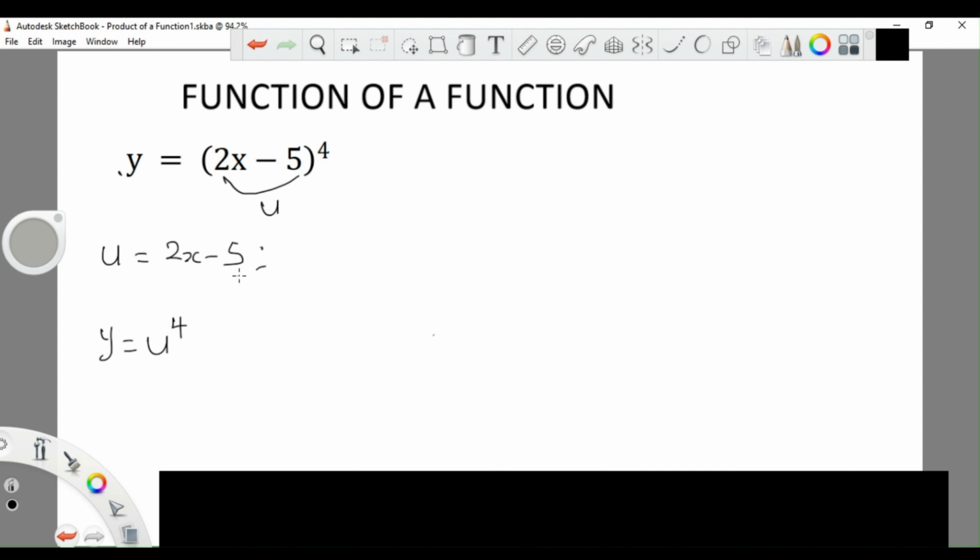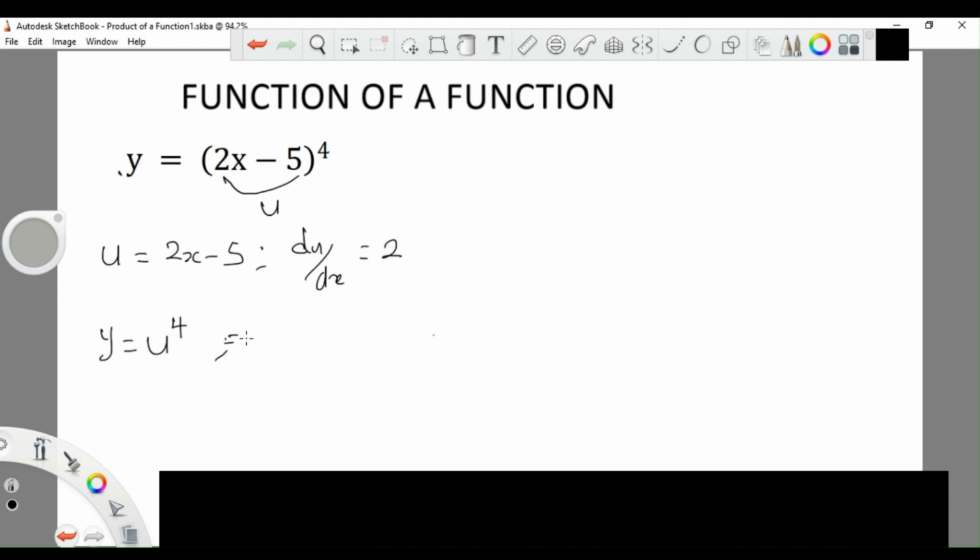Now we differentiate u with respect to x, so we have du/dx. Again, 2x will give us 2 because x has power 1, so 1 times 2 is 2. Then 1 minus 1 is 0. Then minus 5, 5 is a constant, so that gives us 0. So when we differentiate 2x - 5, we get 2.